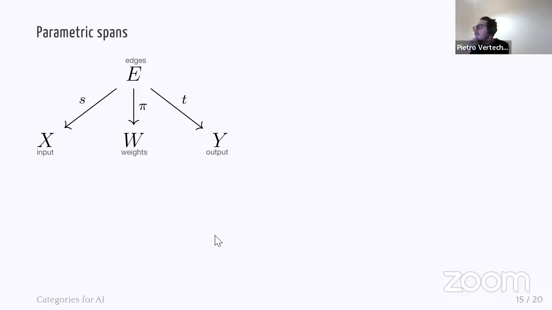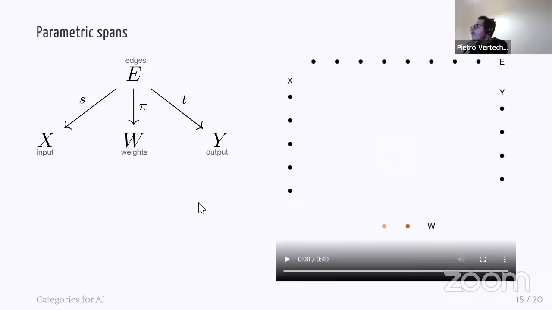I realize that this is very abstract, so I will try to give some visual intuition of this. We're doing this in finite sets because it's going to be much easier to explain and to understand.